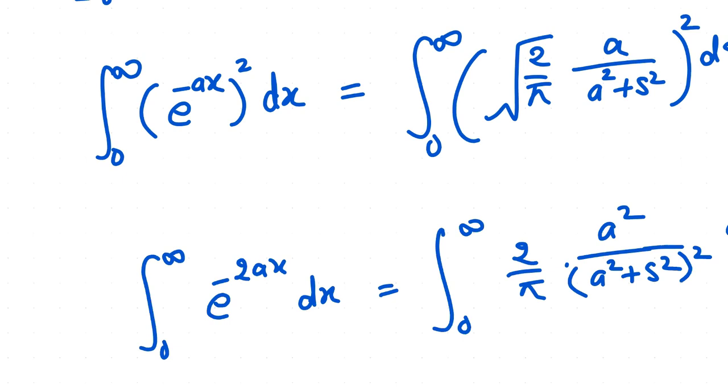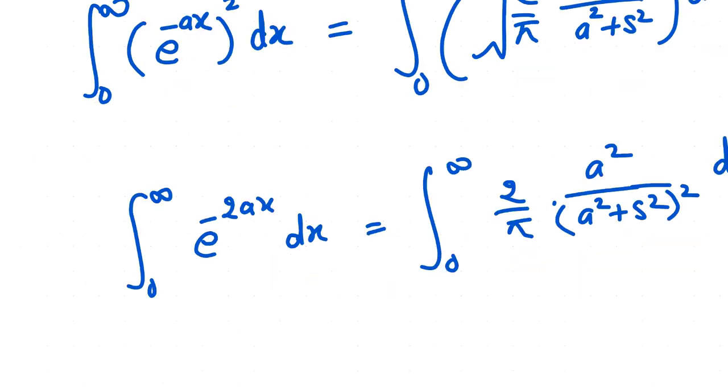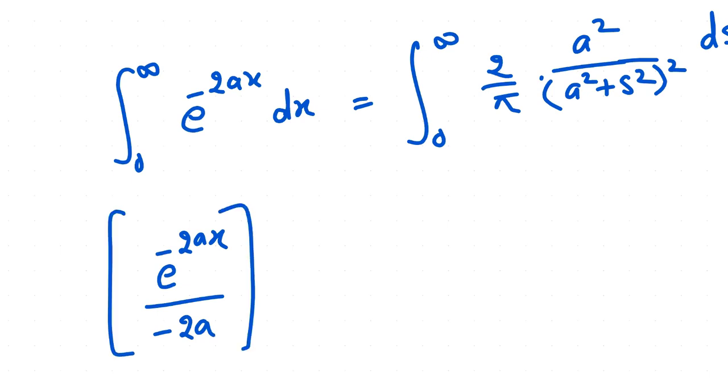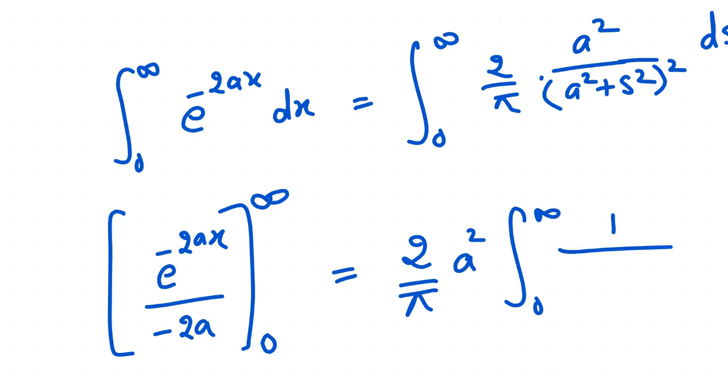Now let us integrate it. We will get e to the power minus 2ax over minus 2a by using the chain rule of integration, limit 0 to infinity, is equal to, let us take these constant terms outside of the integration symbol, and we have 1 upon a square plus s square whole square ds.